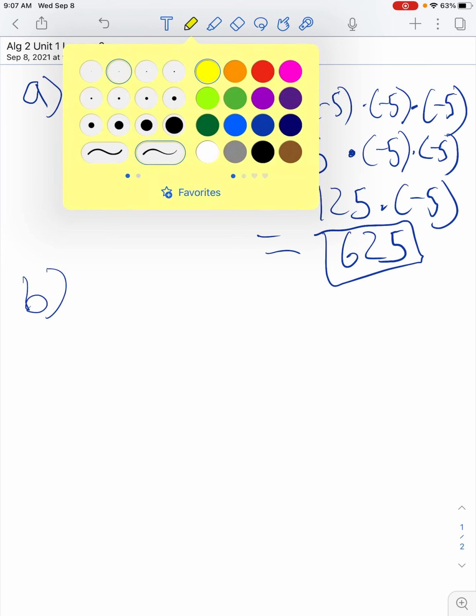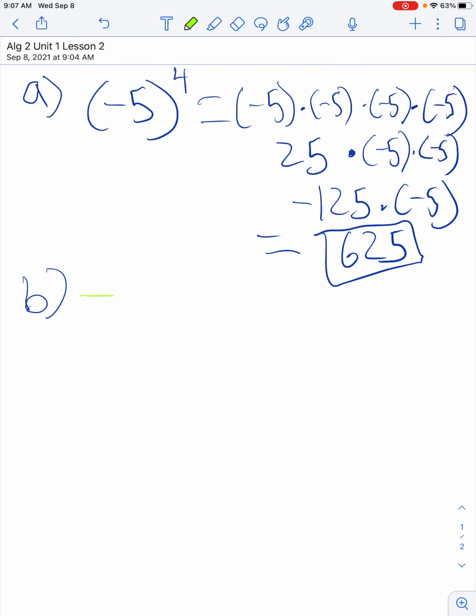However, those parentheses matter, because if I get a slightly different problem, let's say -5 to the fourth, this exponent only applies to the original number. This is like saying you have a -1 outside, and you're going to do 5 times 5 times 5 times 5.